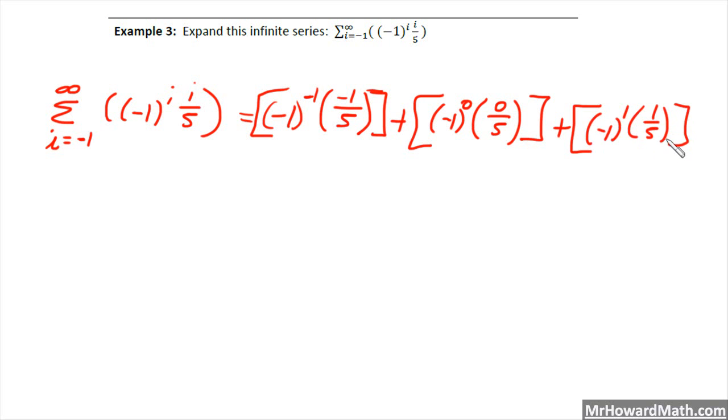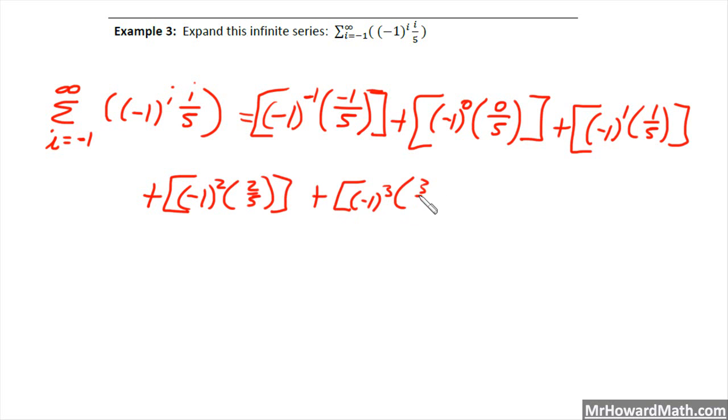So we're just replacing everywhere there was an i with our integers, and then we're out of room, so I'll come down here, plus -1 to the second power times the quantity 2/5, plus, and you just keep going here, -1 to the, after 2 comes 3, and that would be times the quantity 3/5, and so forth and so on, and it continues on forever. So we can simplify this.